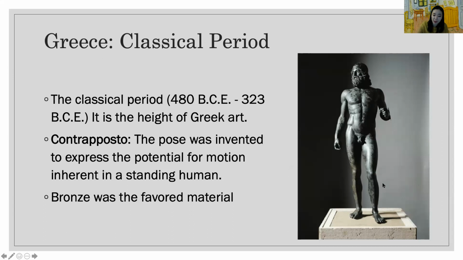So the Greek invented contrapposto, the contrapposto pose of sculpture, to express the potential for motion inherent in a standing human. Bronze was the favored material for freestanding sculpture in ancient Greece.